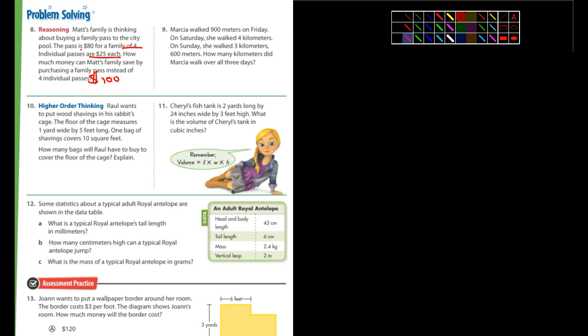And the family pass is what? $80. Okay. And then it says how much money will Matt's family save? Well, there's a difference of $20. So $20. Okay, that's the answer to number 8. That was pretty easy.